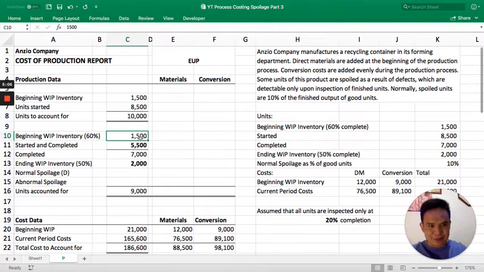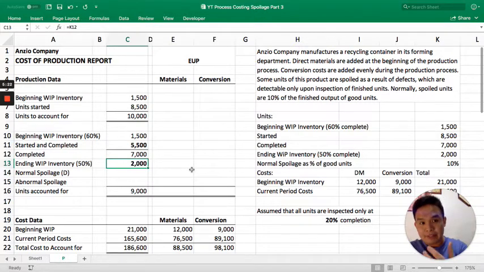Siguro last time, oo, pero ngayon hindi na. So, this 1.5 in the current period did not pass the inspection point. So really, in the current period, ang dumaan lang sa inspection point is itong 5.5, tsaka ito yung 2. That means that only 7,500 passed by the inspection point, past inspection, this period.